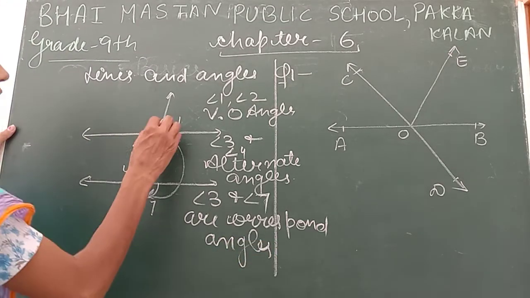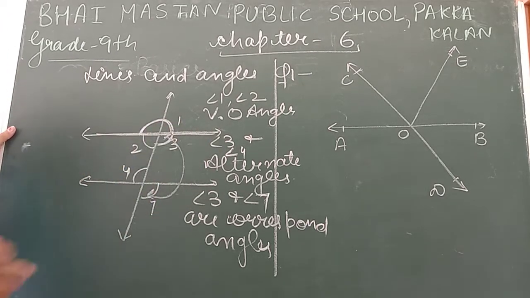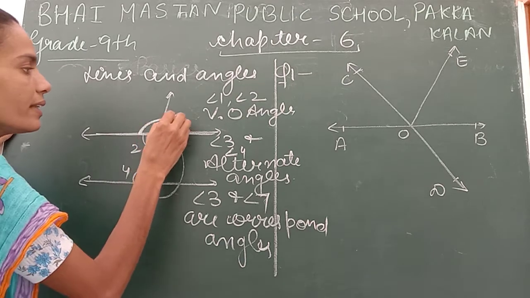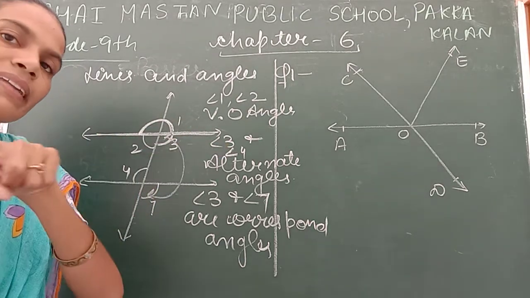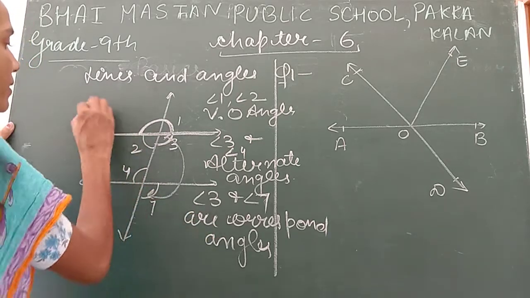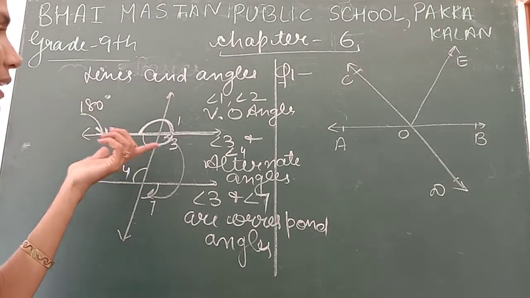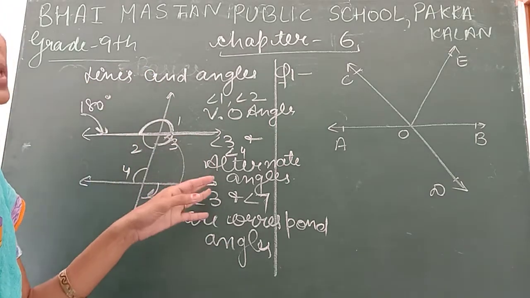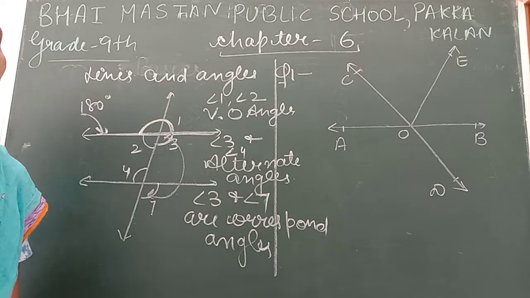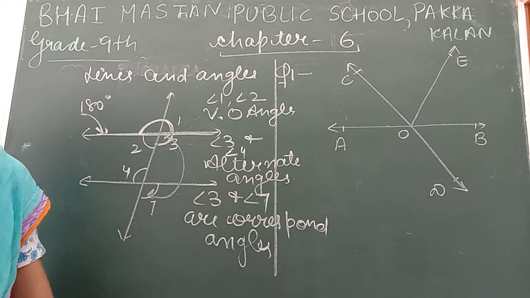And this line makes a linear pair. Linear pair means the angles on a line, and the measurement of a line is 180 degrees. So on a line, whatever angles are formed, their sum is always 180. Only these things you need in this chapter.